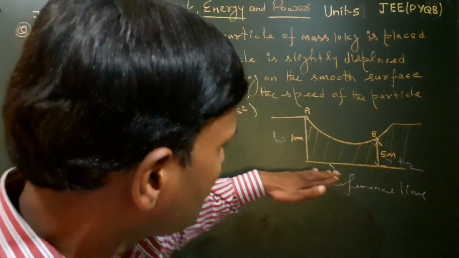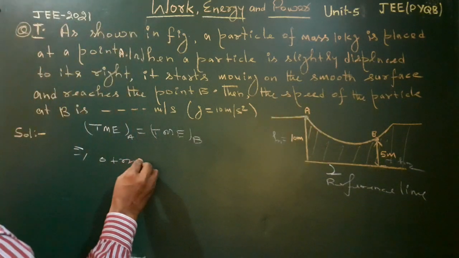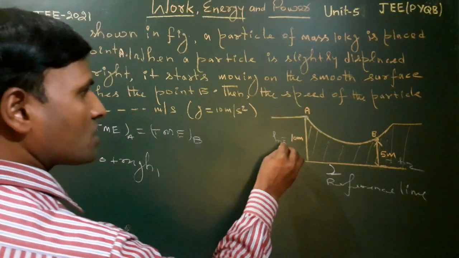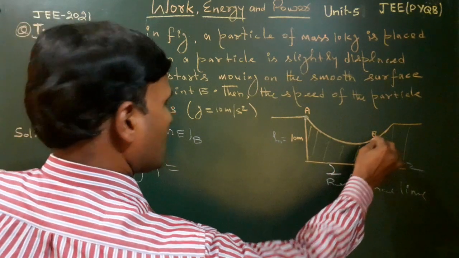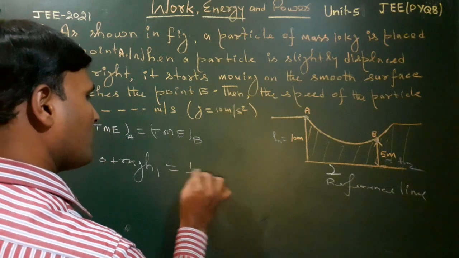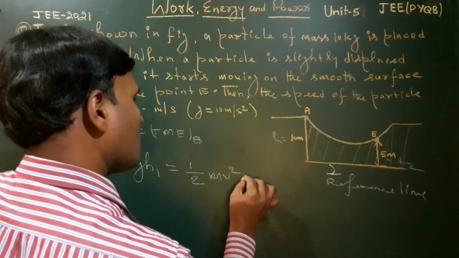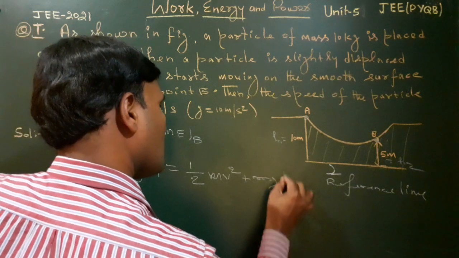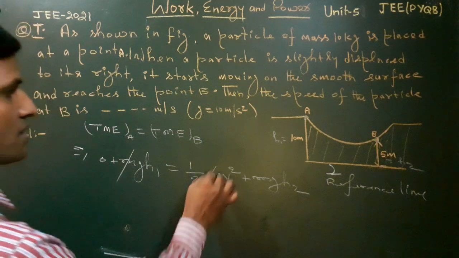With respect to this line you can find the potential energy at point A, that is mg h1, and h2 is given. The speed of the particle here, suppose v, so half mv square plus mg h2. Say m cancels.